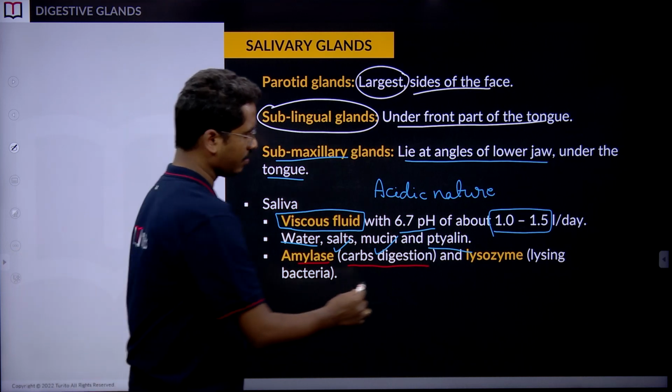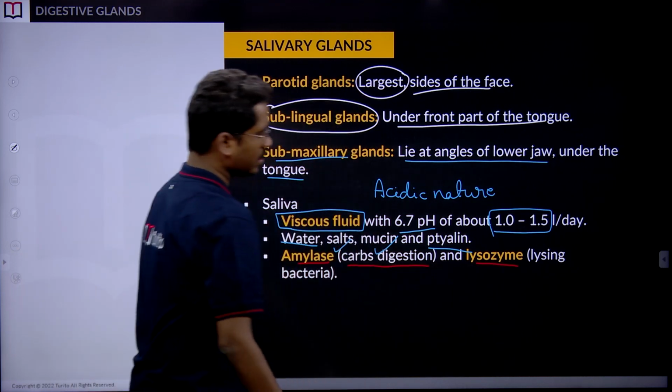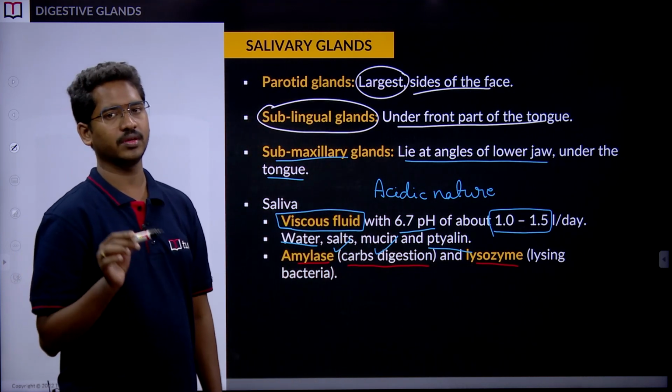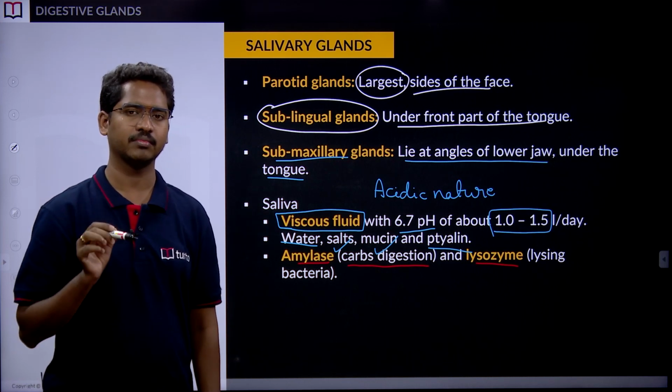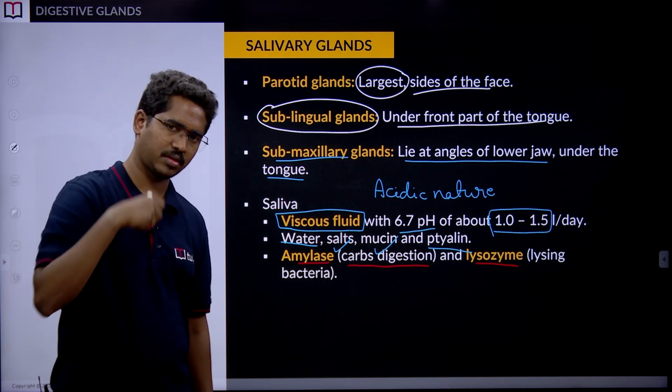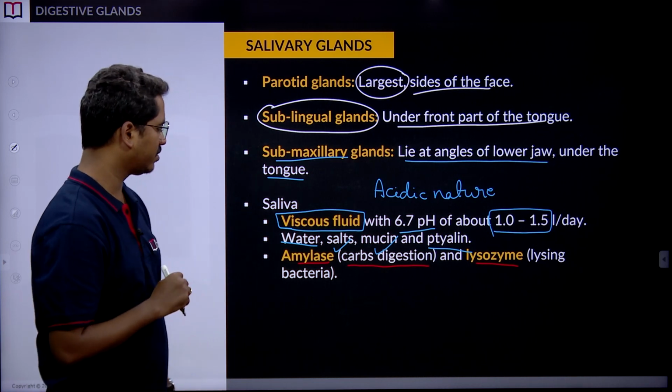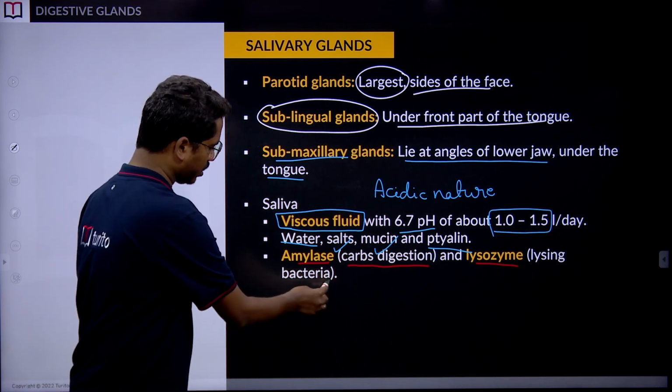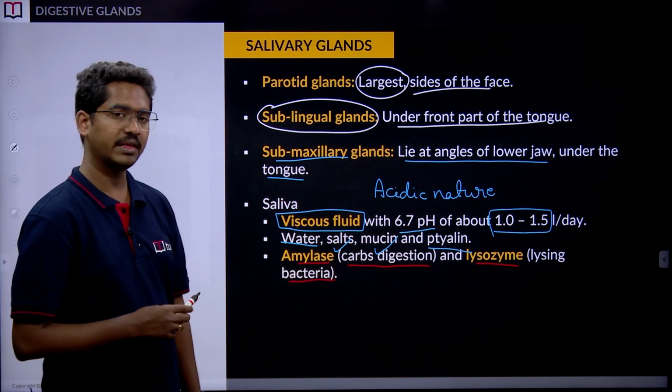Along with that we have lysozyme, another substance which is already present in the saliva, it is released there. When it is released, it has an important function, lysing bacteria.